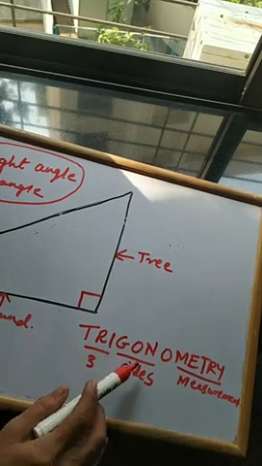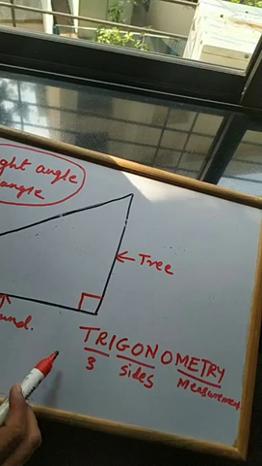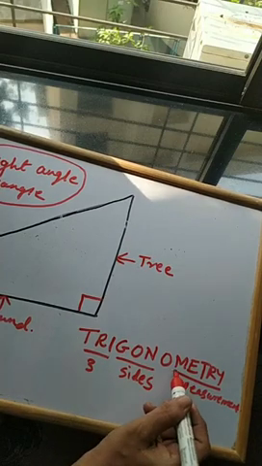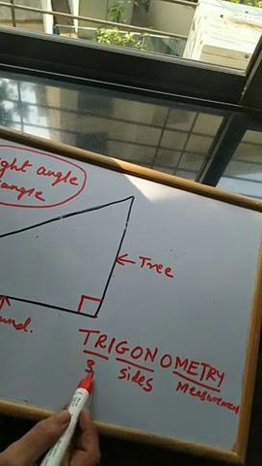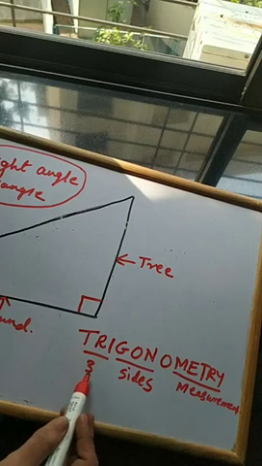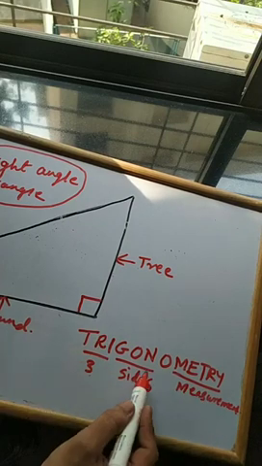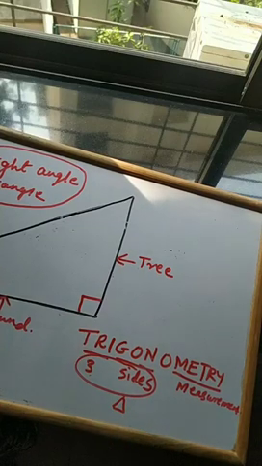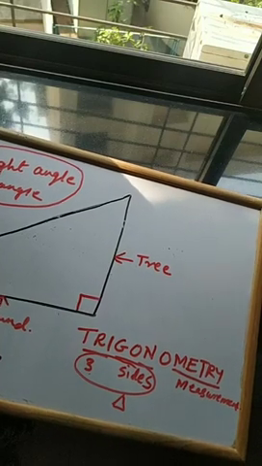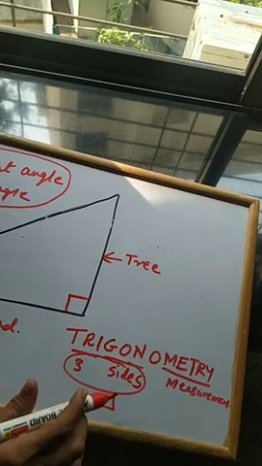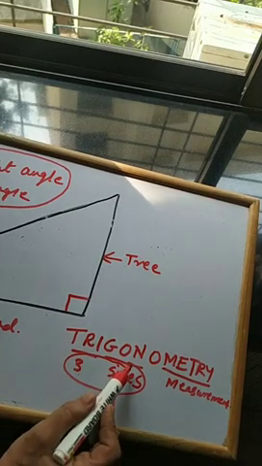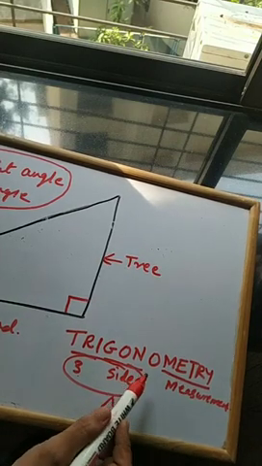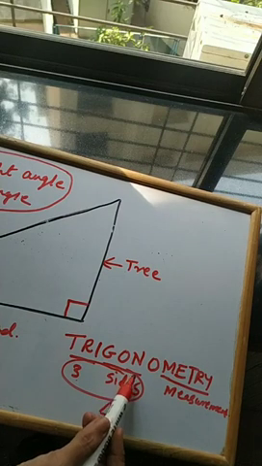It is actually trigonometry, but we say it as trigonometry, meaning not three sides measurement, triangle sides measurement, because there is only one closed figure with three sides, that is the triangle. So measurement of sides of a triangle is called trigonometry, which is our new next chapter.